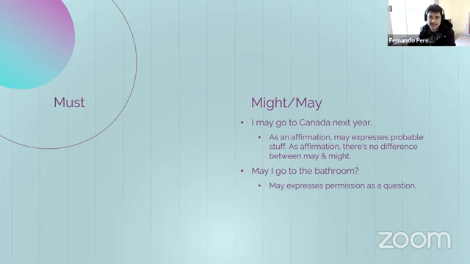No difference at all as an affirmation. And this is the only modal verb that has this problem. The rest, don't worry. The rest have only one application. That's the difference. Easy as that. It's question versus affirmation. Just like that.